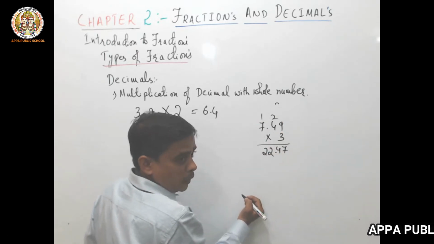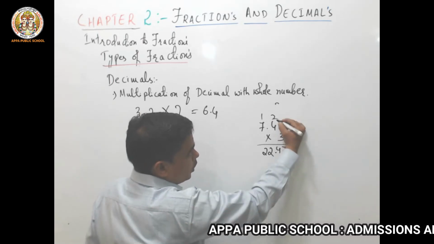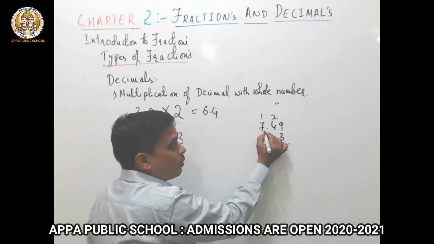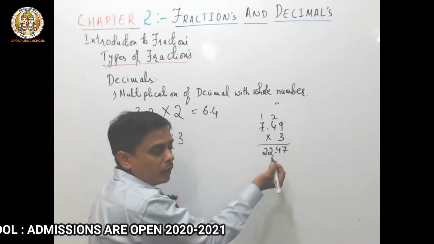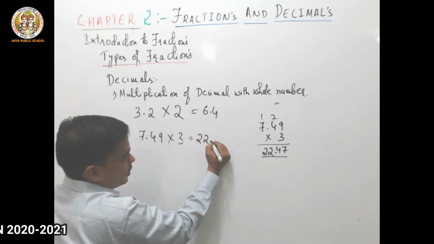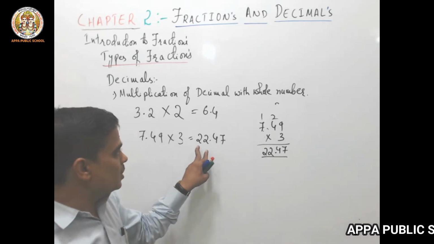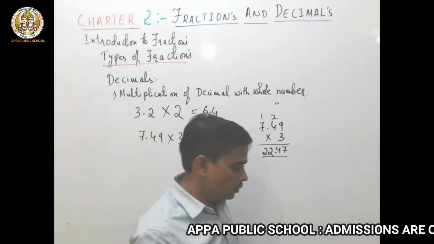So you have to place a decimal point here. Why? Because after the decimal point you are multiplying, place the decimal point here only. What will be the answer? 22.47. We will pronounce it as 22.47, not 47. 22.47. Next.